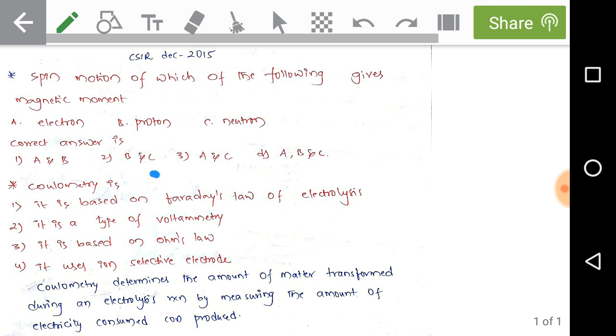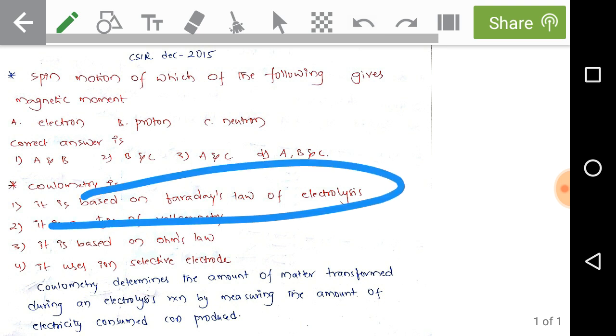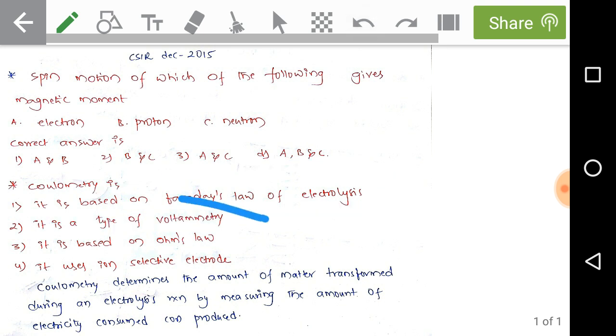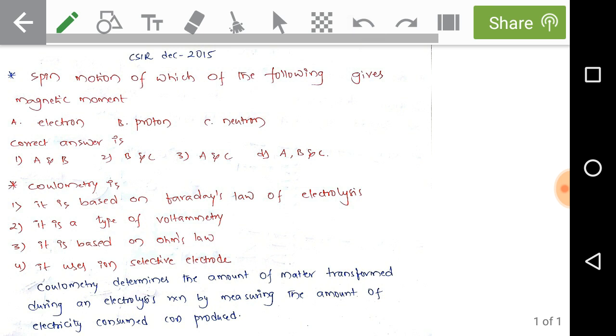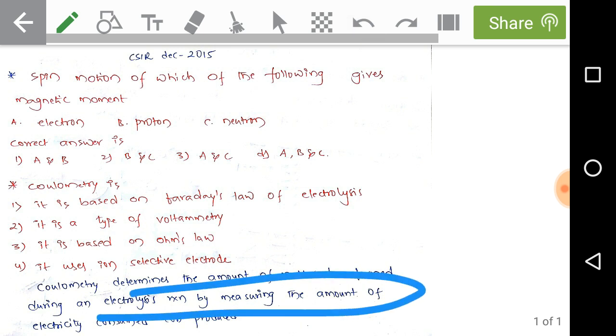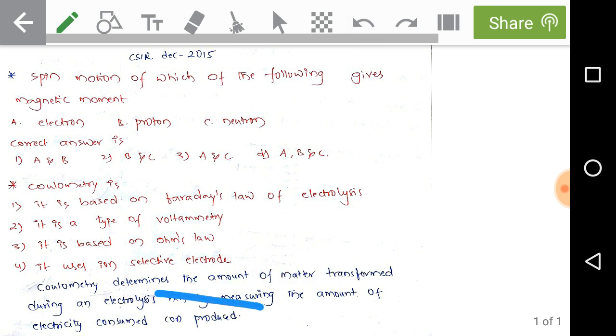Next one, coulometry. Coulometry is based on Faraday's law of electrolysis, and it is a type of voltammetry. And 3, it is based on Ohm's law, and it uses an ion selective electrode. So just, what is coulometry? If we know that, we can give the answer directly. Coulometry determines the amount of matter transformed during an electrolysis reaction by measuring the amount of electricity consumed or produced.